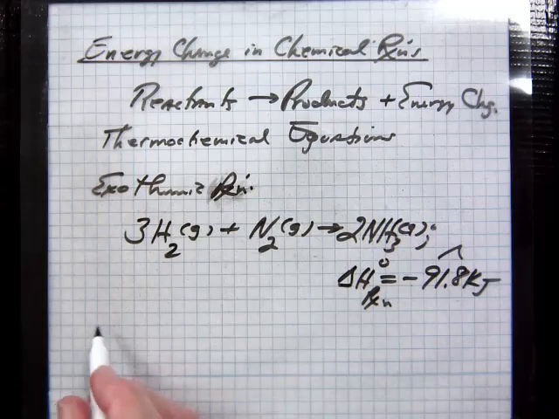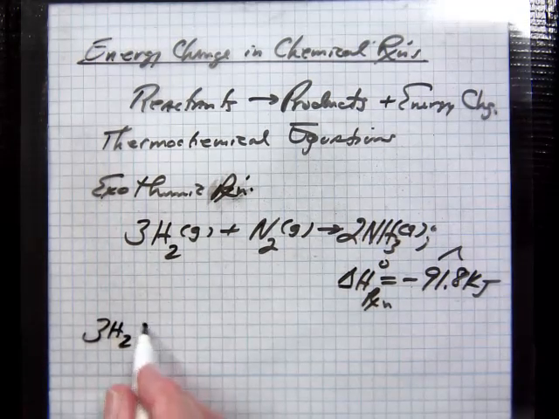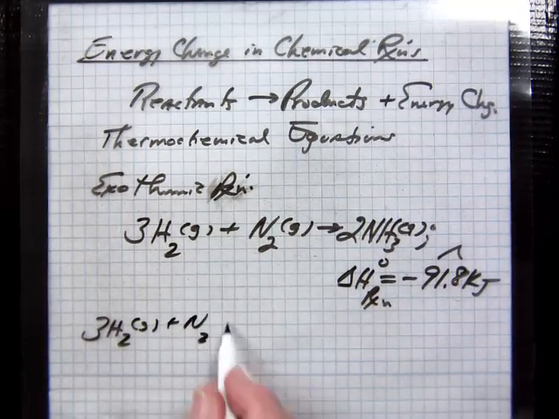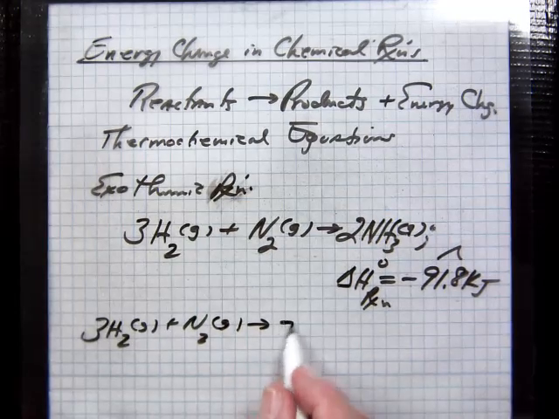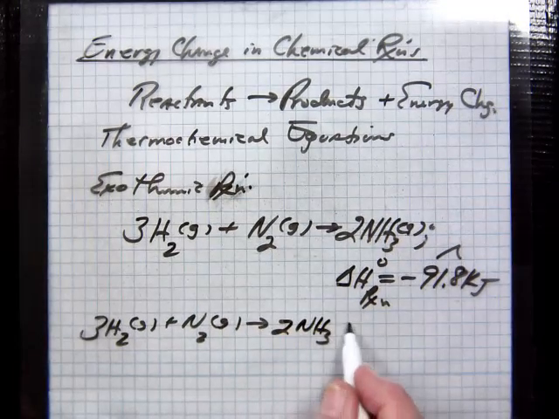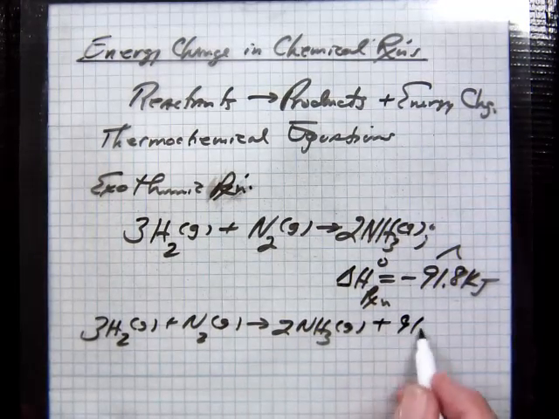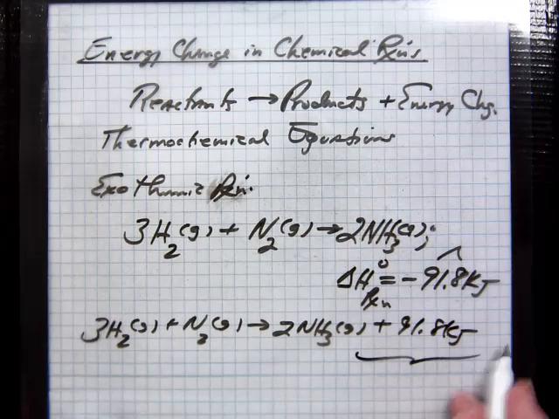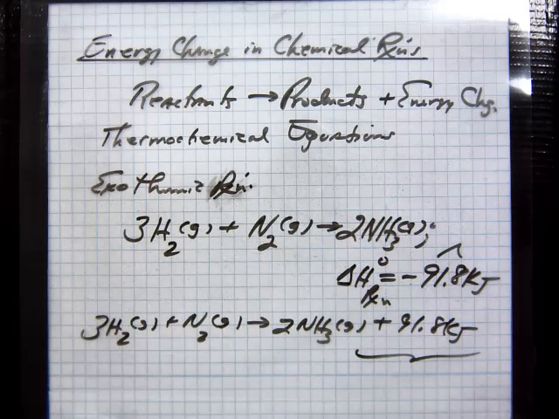I'll show you. So 3H2 plus N2 gas goes to 2NH3 gas plus 91.8 kilojoules. See, that's on the product side. And the fact that it is on the product side says that is an exothermic reaction. That's the terminology that you need.